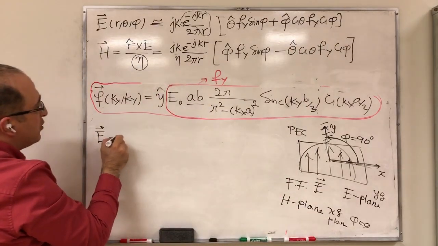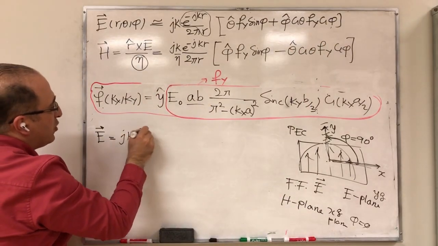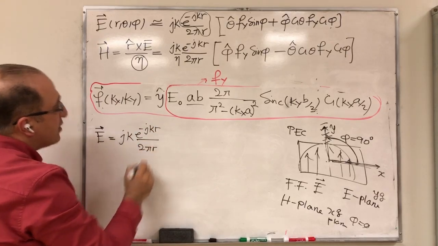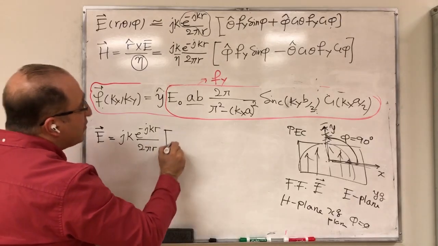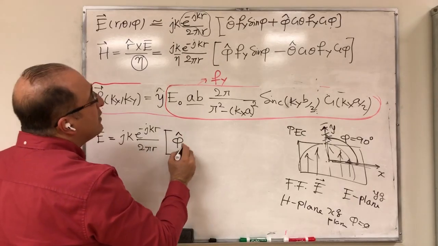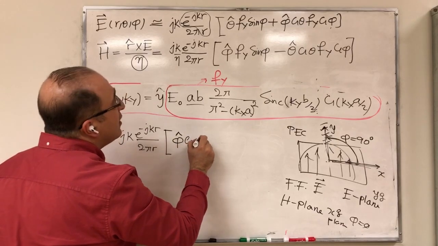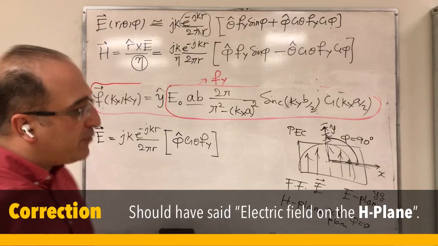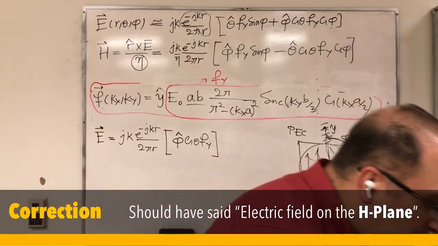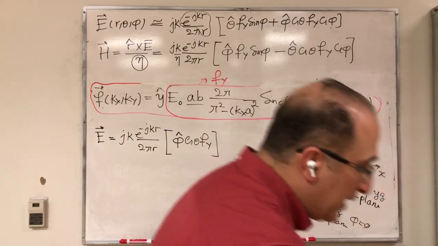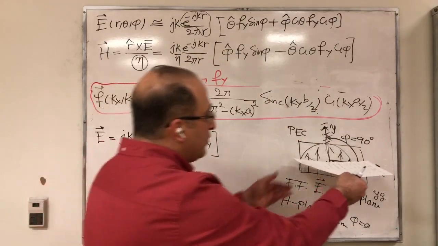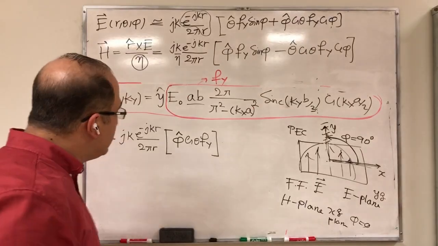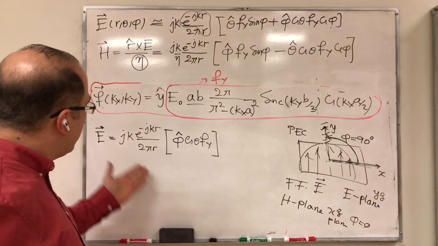So you're going to get your e to the power of minus jkr, divided by 2 pi r, and then you're going to have a phi hat component cos theta F_Y. That becomes your electric field on the H plane. Again, I'm repeating myself, but I think that's important. This is our H plane, so this is our electric field on the H plane.